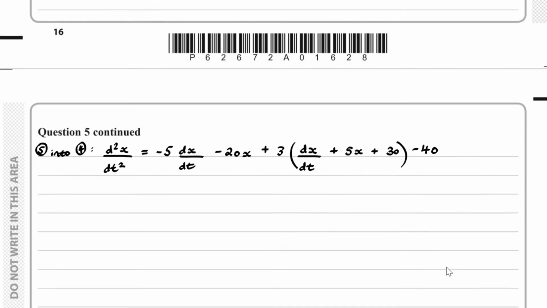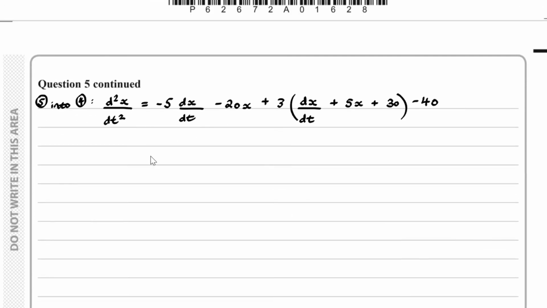And now we just have to simplify everything. So, tidying all of this up, we've got minus 5 lots of dx over dt minus 20x plus 3 dx over dt plus 15x plus 90 minus 40.